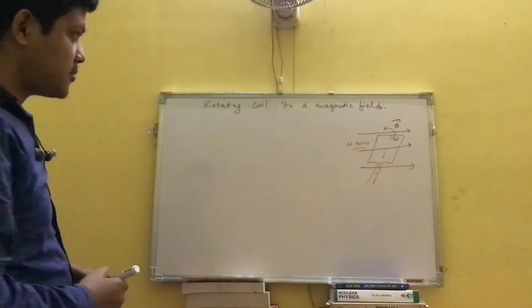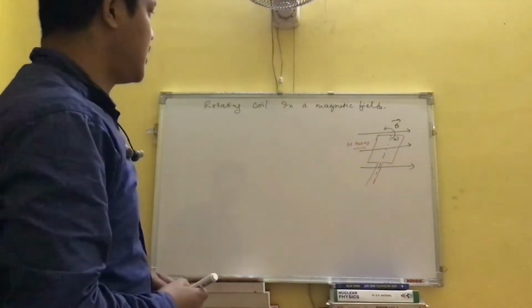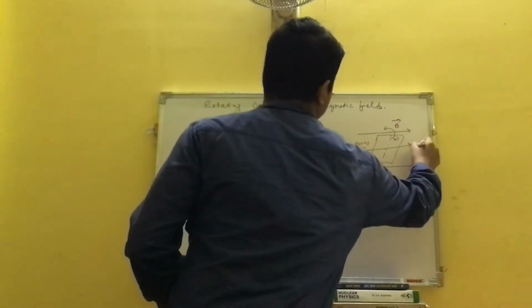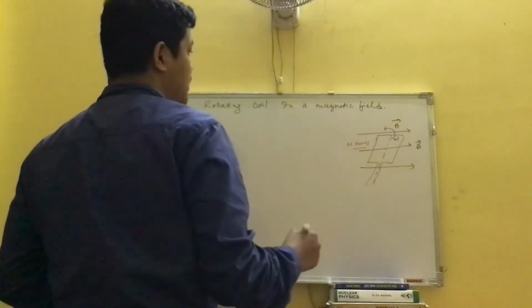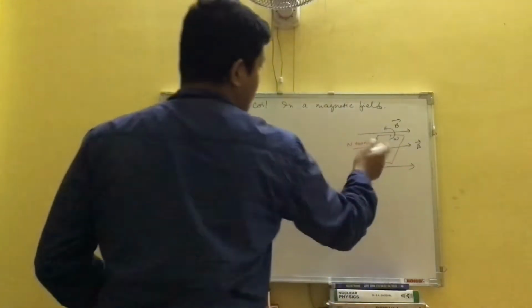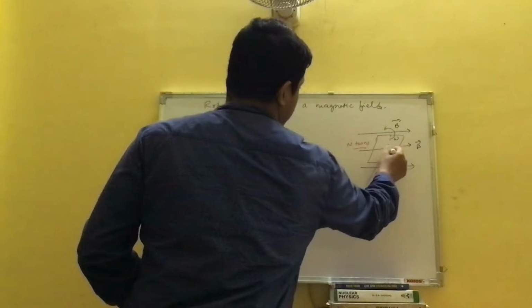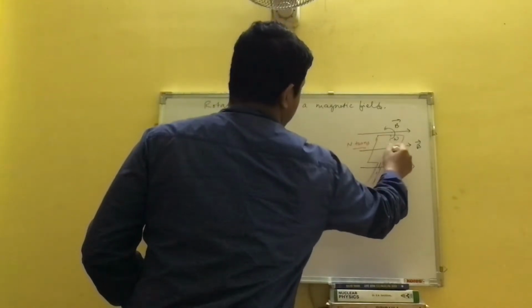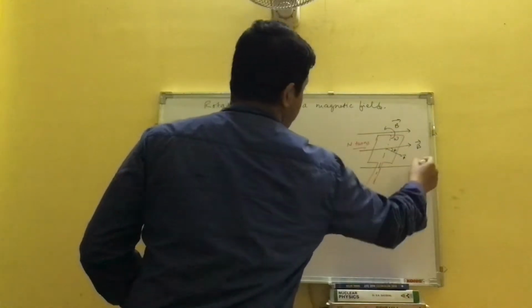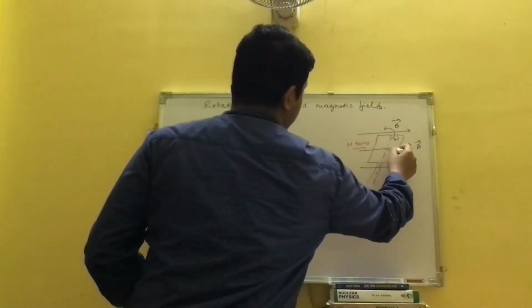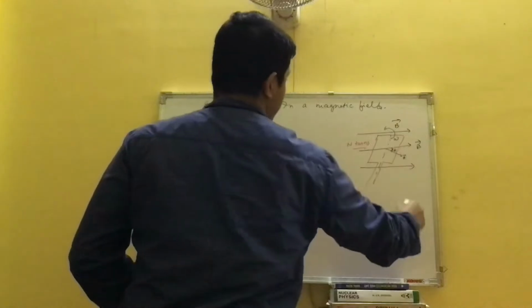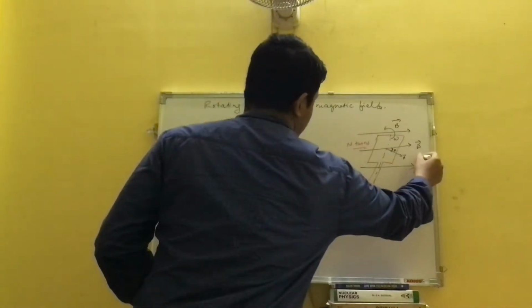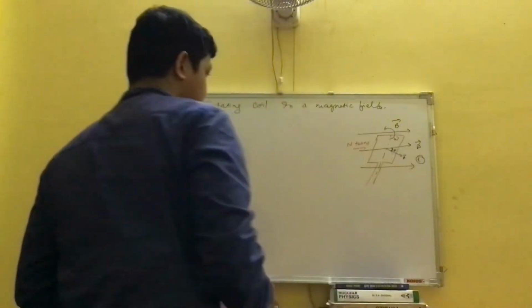Now here you see, this is the magnetic field B. Suppose the angle made by this area vector with magnetic field B in time t be theta.